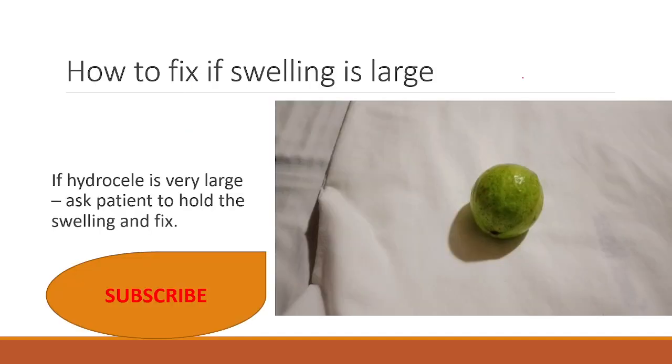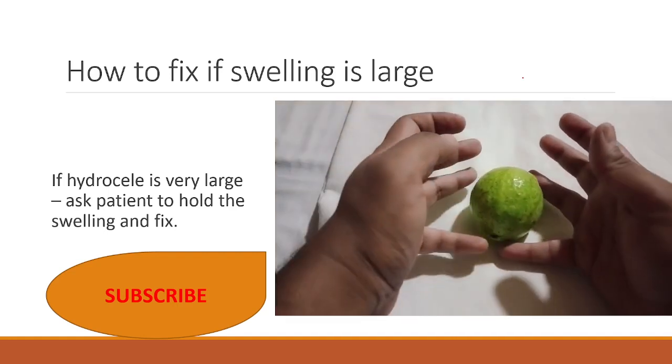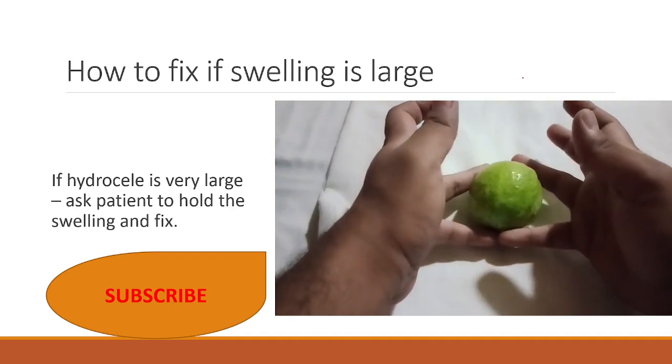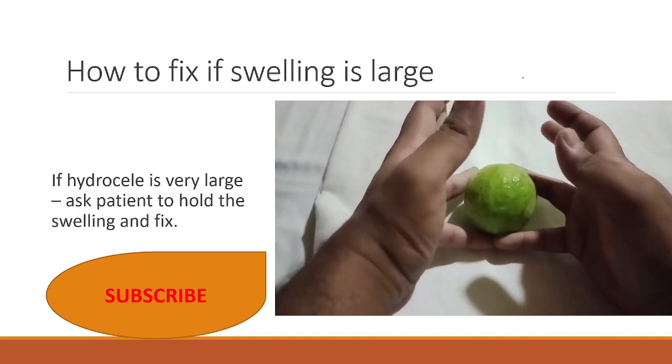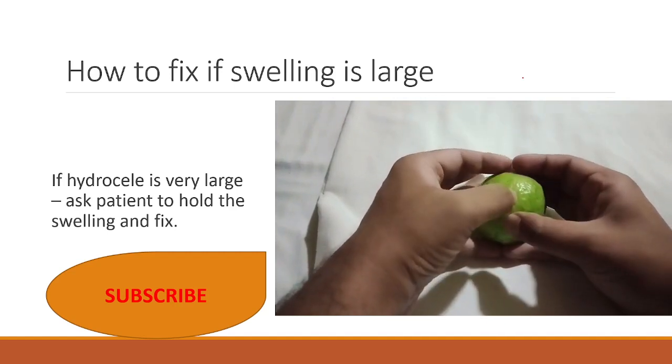Now, how to fix a large swelling? Look at the video: there is a swelling, and the little fingers of both my hands are fixing the lowest border, and the ring fingers of both hands are fixing the superior border.